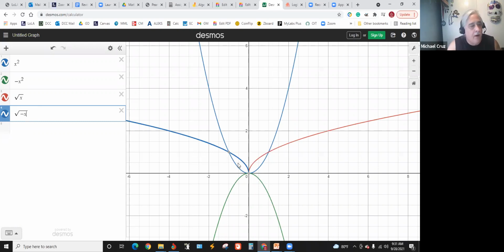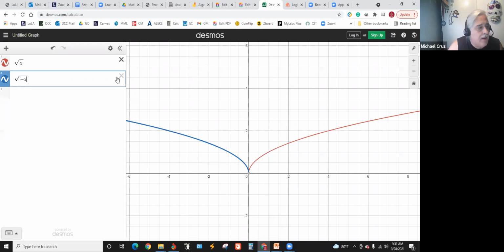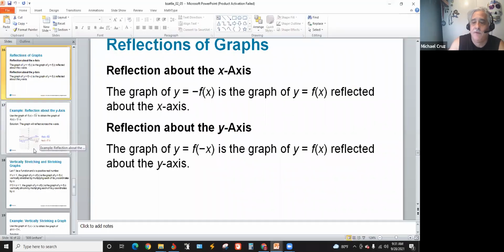So the blue and the green are the x-axis reflection. And then if we want to reflect on the y-axis, notice how it's a mirror image. The blue and the red are mirror images, and it's along the y-axis this time. That's because what causes that reflection is inside the function changing from positive to negative. So that's the four shifts that we looked at.